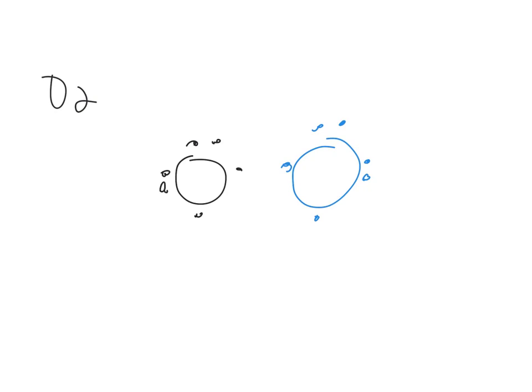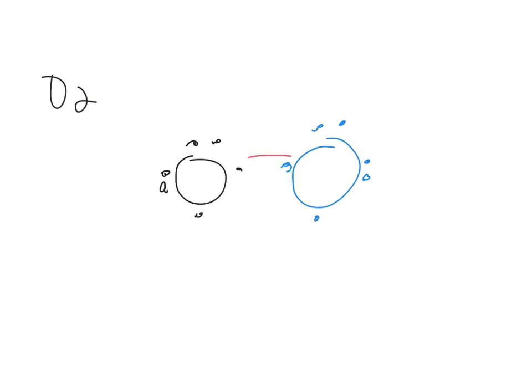Neither oxygen atom has 8 electrons in its outside shell, so neither is happy right now. In addition, neither oxygen wants to fully give up 2 electrons or take on 2 electrons completely. If we fully give up or fully take on, then we're going to end up with 1 atom that has a full outside shell and 1 atom that only has half the number. So in this case, we definitely need to share our electrons.